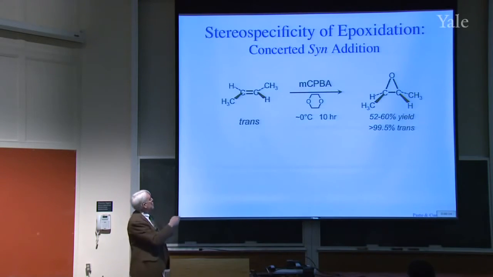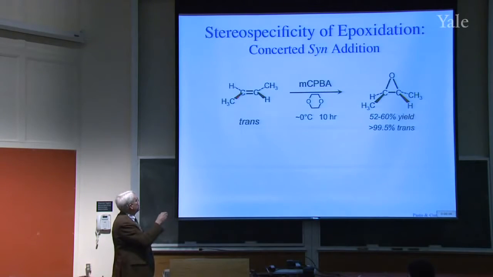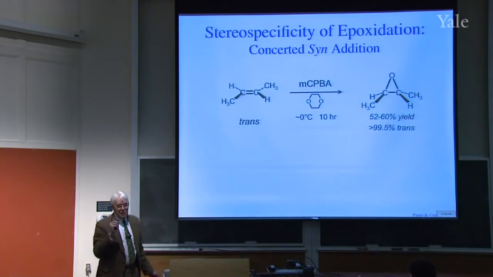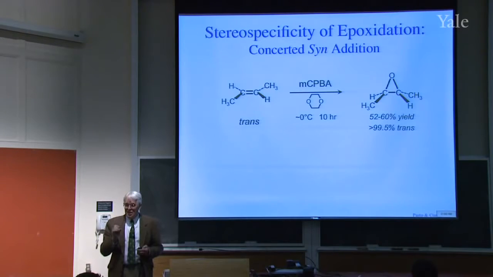So if you started with trans-2-butene and used this metachloroperbenzoic acid, and this is a specific example done in this solvent, dioxane, at 0 degrees for 10 hours, notice that these two methyl groups are on opposite sides of the 3-membered ring, just as they were on opposite sides of the pi bond here, okay? And this happens with 52 to 60% yield, but more significant is that it's greater than 99.5% trans.